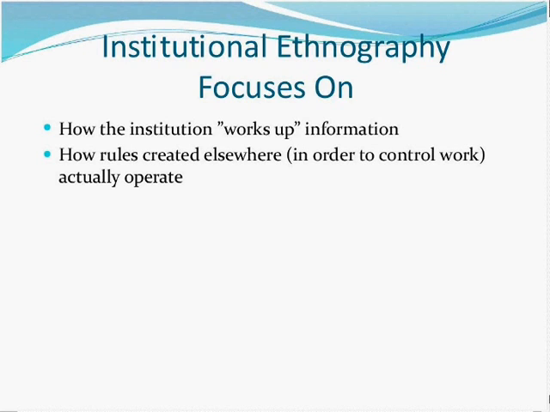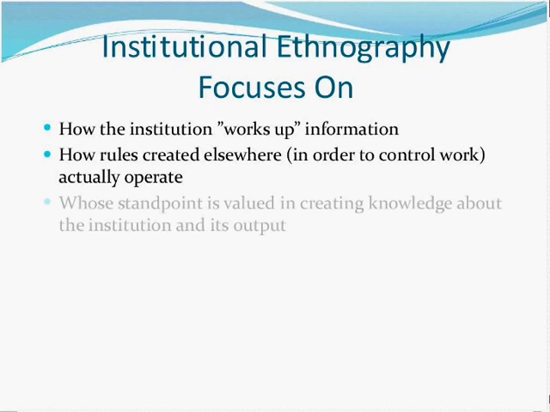We'd be interested to know how rules created somewhere else outside the workplace in order to control the work actually operate. As in my example with the productivity chart, the rules that were created that defined productivity were created somewhere not at the bedside, and they were created in order to control work. But how they might actually operate would be found out through institutional ethnography and interviewing the people on the spot who worked every day with those rules.